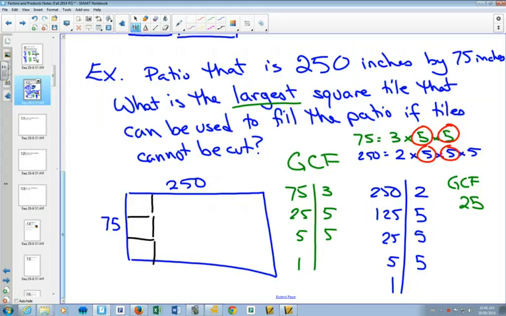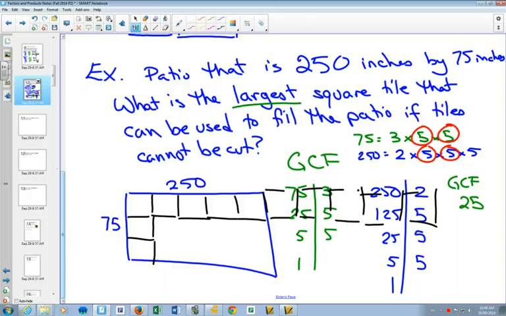And you would need 3 of them to go along there. And you would need 10 of them. Oh, my scale was wonderful again. 1, 2, 3, 4, 5, 6, 7, 8, 9, 10. Yeah, my scale was way off. So you could have 3 by 10, and then you could have 25 inch by 25 inch.